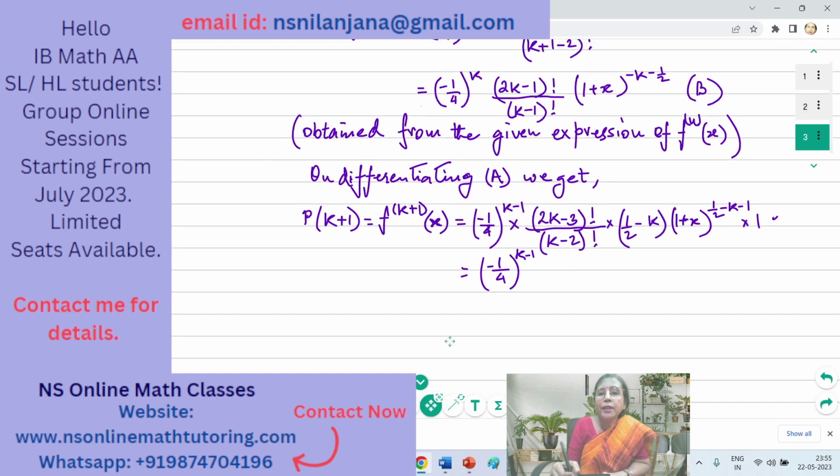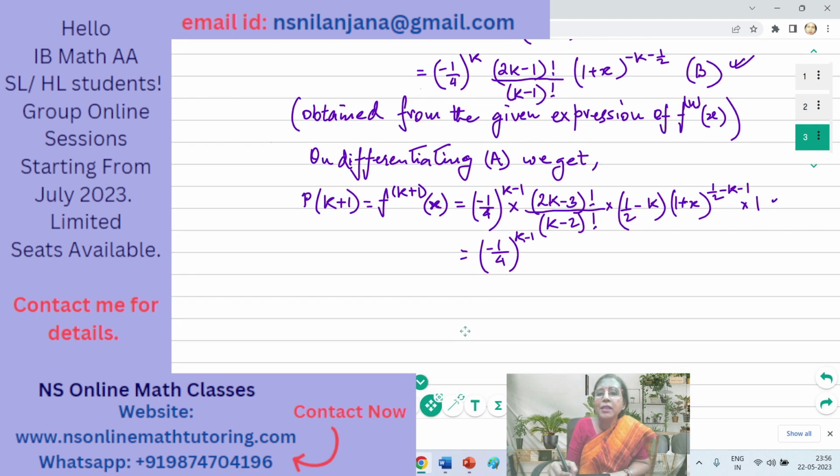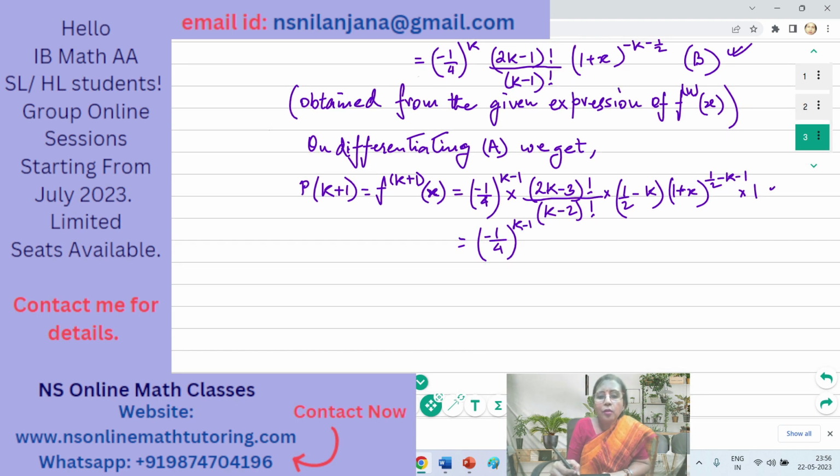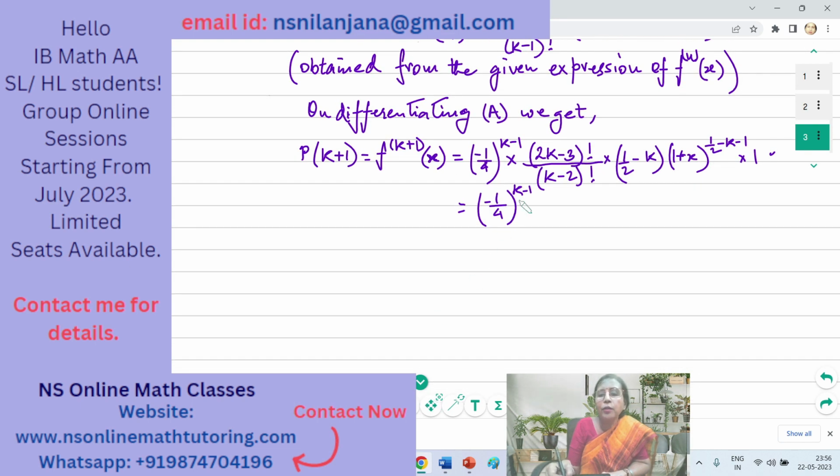But what we need is this. This is p of k plus 1, this expression b. We need to get this expression b. In this expression b, we are seeing negative 1 over 4 is getting raised to the power of k. But over here, negative 1 over 4 is getting raised to the power of k minus 1. So we will be separating these.